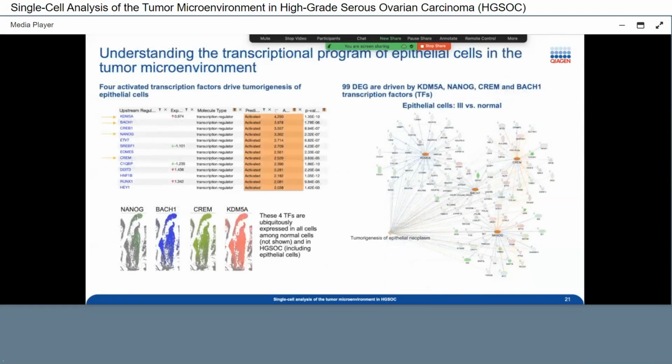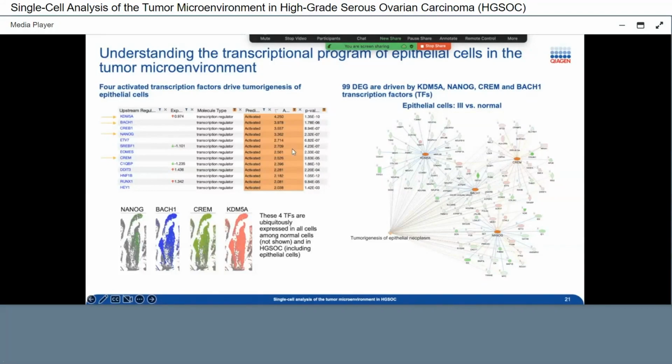Now let's go deeper a little bit, and we can look at a feature called upstream regulator. It's basically a feature that allows us to look at the transcriptional program, what is going on, who is driving, who is the conductor in that tumor microenvironment. And here I have selected, because I can select many types of molecule, could be transcription regulator as you can see here, it could be cytokine, could be kinase, but I selected the transcription regulator, basically transcription factor as we know it.